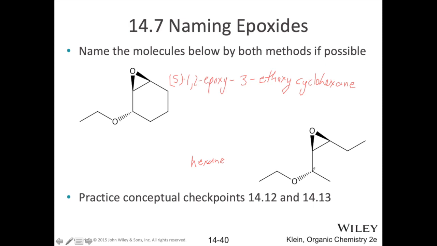So our ethoxy group is at the number 2 position, and this is going to be a 3,4-epoxy. So 3,4-epoxy-2-ethoxy hexane. All right. And of course, we can assign stereochemistry to this too, and I think it comes back to the same thing. It's going to be S for the same reasons the other one was.